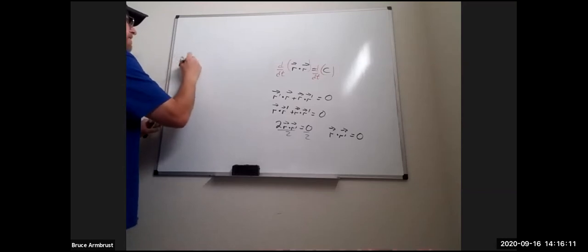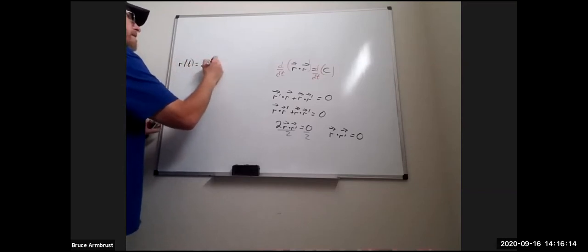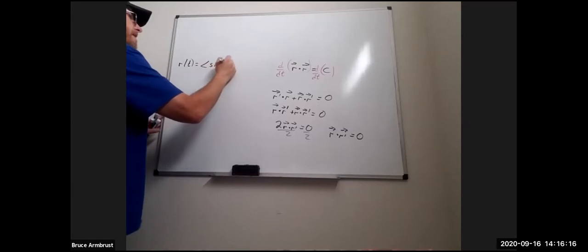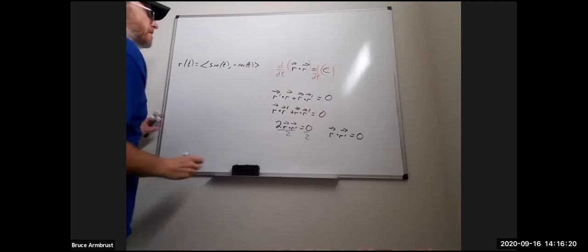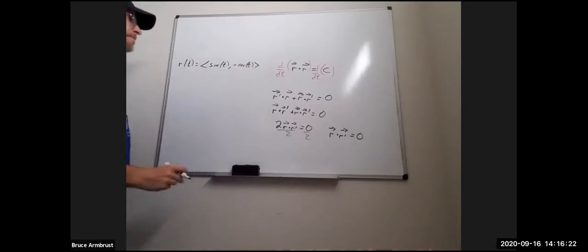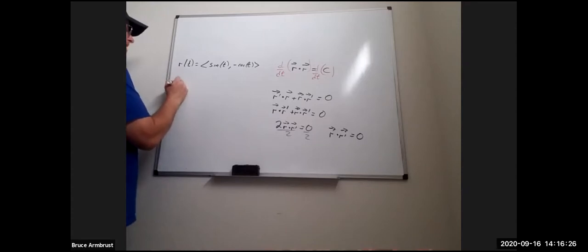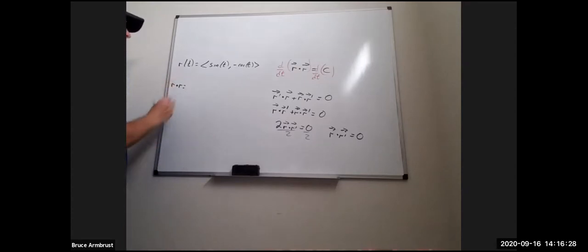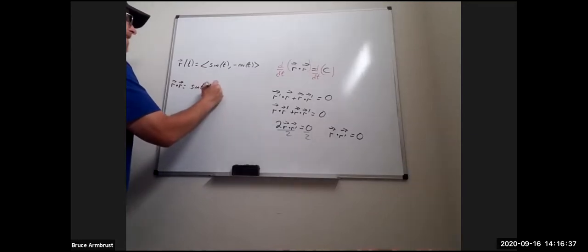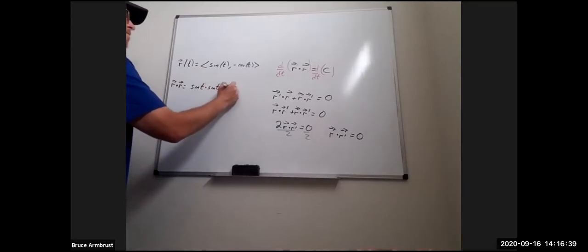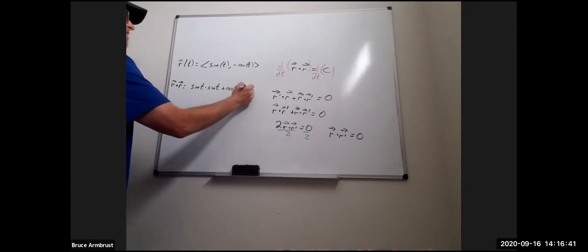But let's just say that r of t is sine of t, negative cosine of t. So let's start with r dotted with r. So that's going to be sine times sine plus cosine times cosine.